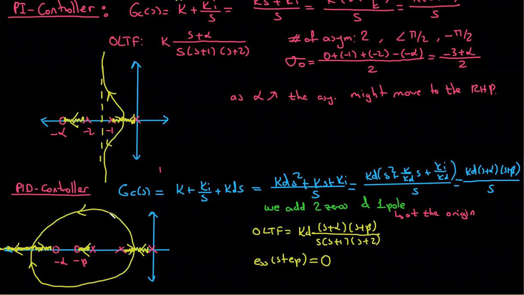Let me get another color and explain more clearly. When k is equal to 0 at the beginning, which ones are the closest poles to the imaginary axis? These two poles are the smallest poles, right? And if you consider this case, still these two poles are the slowest poles that will determine the settling time.